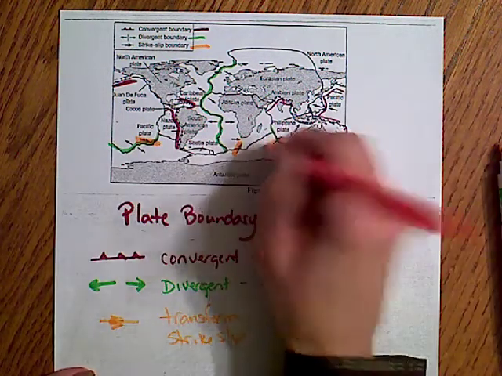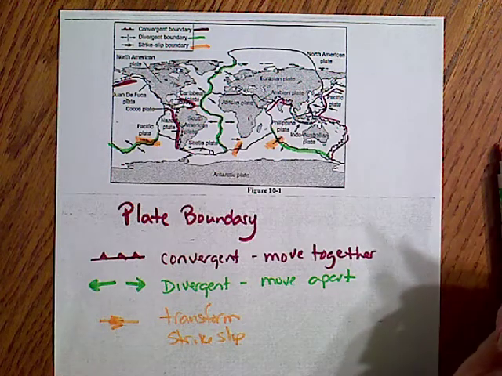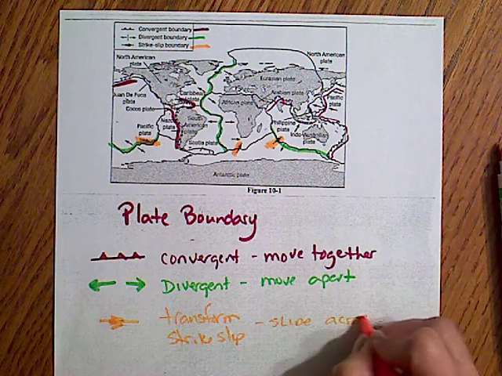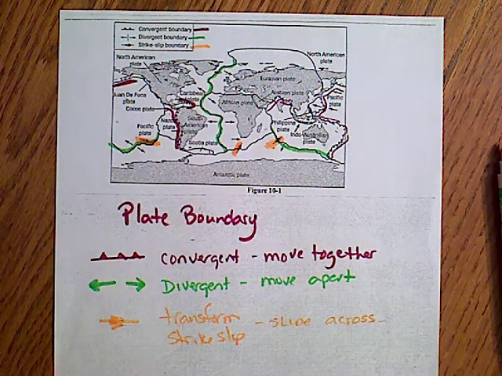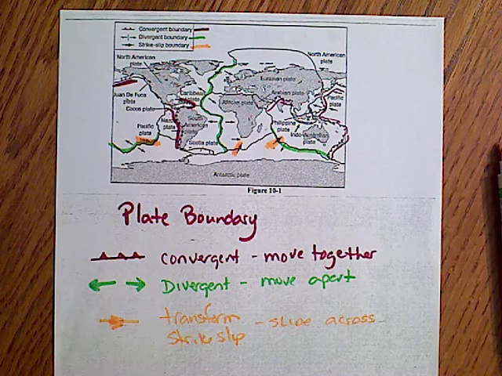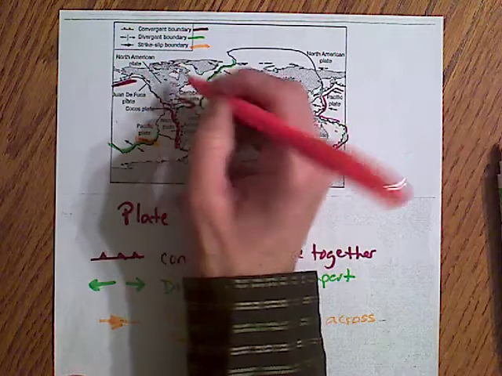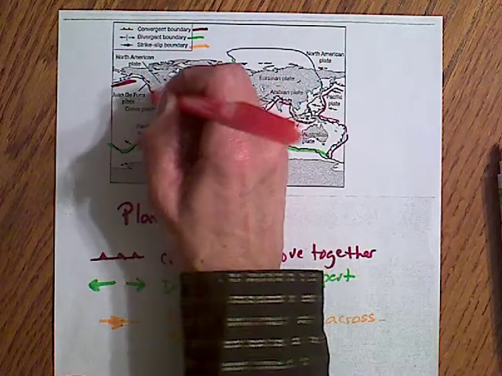And so these are areas where these guys slide across each other. And they slide across each other and they can create fault lines and they can create earthquakes when they do that. So you can go through this map here and you can find different ones of these in different places.